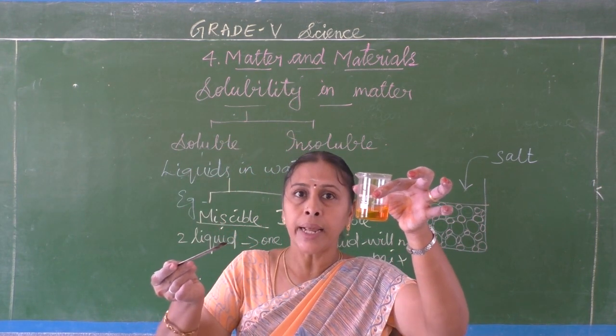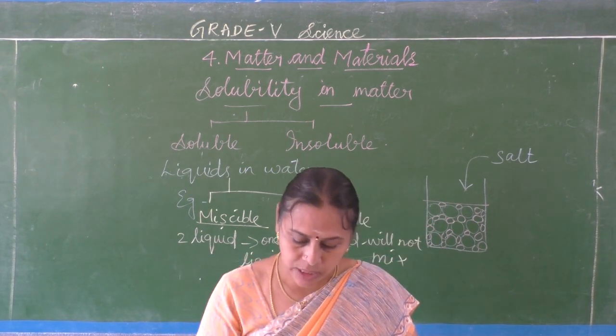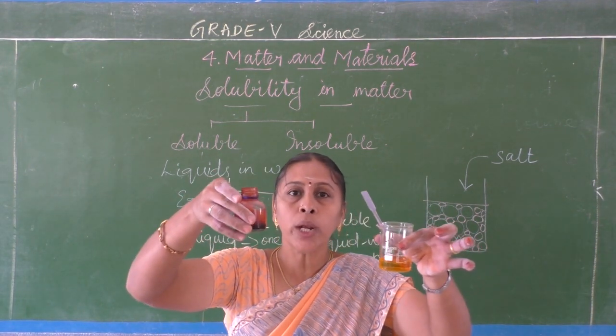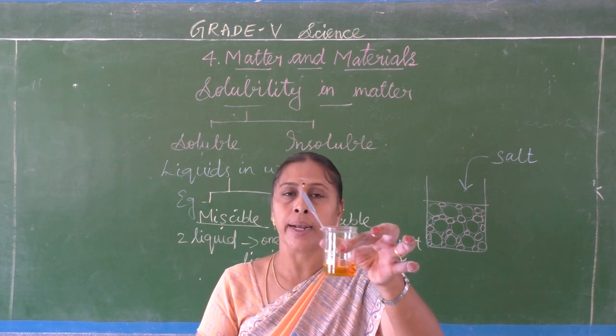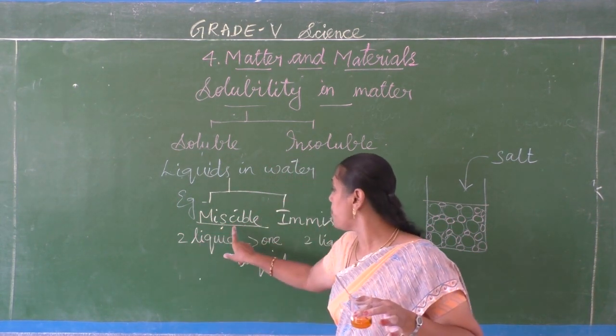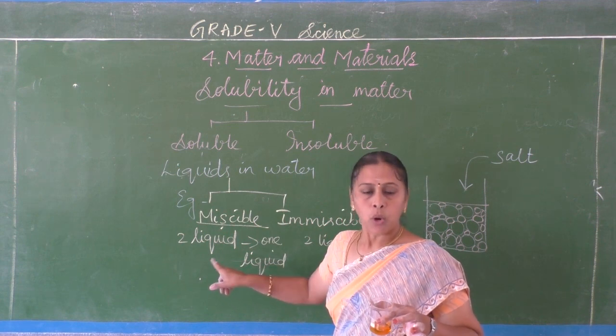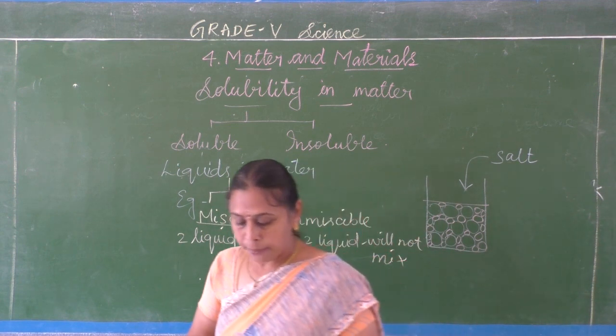Isn't it? Two liquids, water is a liquid, ink is also a liquid. Now these two liquids get dissolved with each other and appear as one liquid. This is called a miscible liquid. Okay, next I will show you another example.